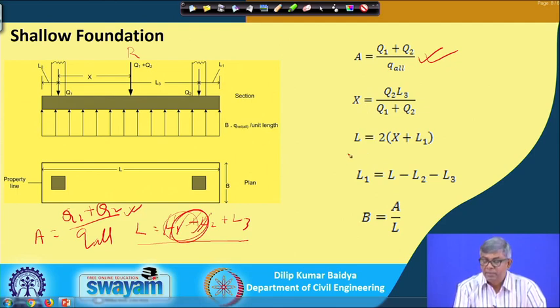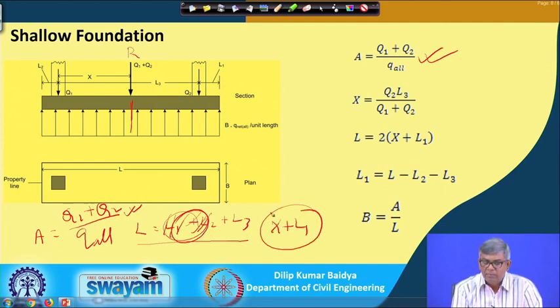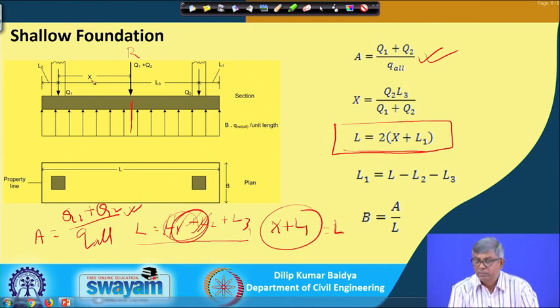And the length required: I have told that the point of application of this resultant force and the CG of the area should be the same. So x plus L1 must be half of the footing, and because of that the total length must be multiplied by 2. So L is determined like this: L equals twice of (x plus L1). Suppose this is given and L2 is to be decided.